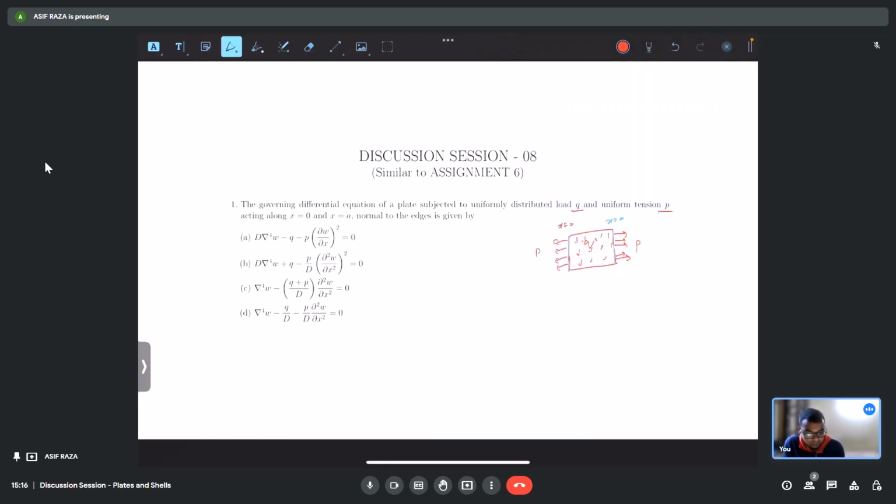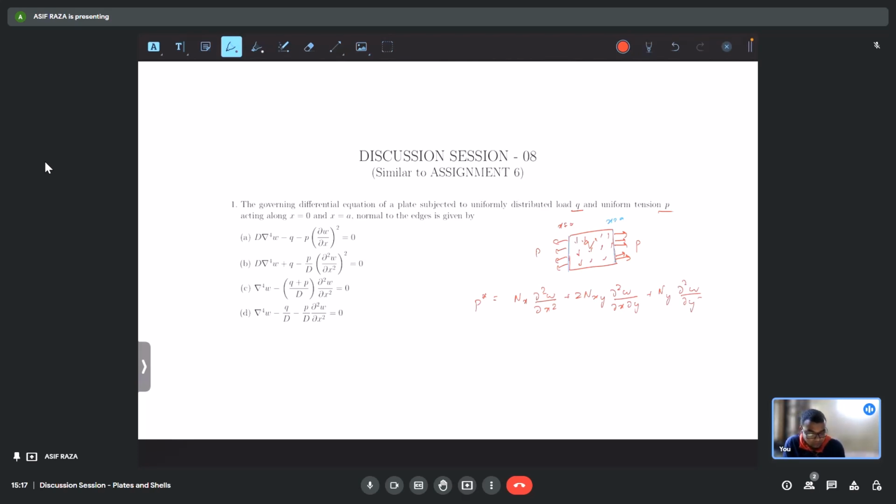So we know with the application of in-plane loads, the lateral load produced by it is given by Nx del square w by del x square plus 2 Nxy del square w by del x del y plus Ny del square w by del y square.